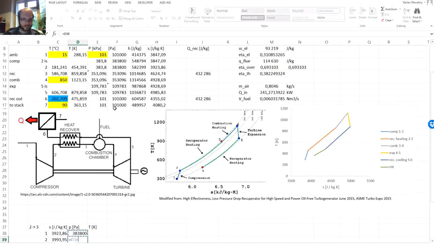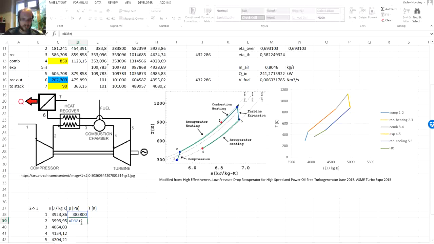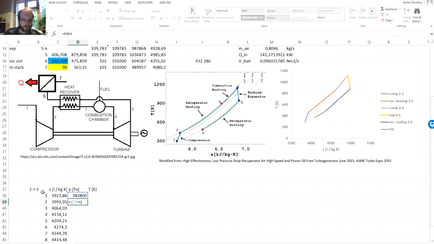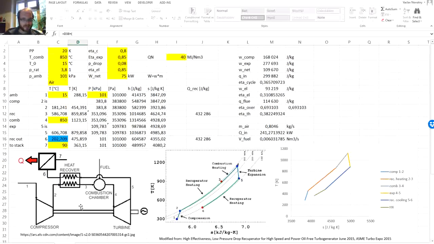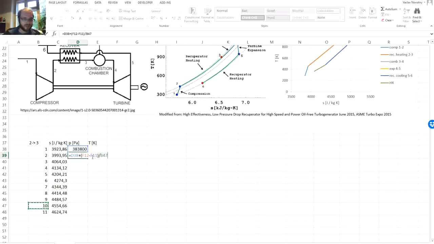The pressure in the next element would be the pressure at point 2 plus, when we assume that the distribution of the pressure loss is linear with respect to the change in entropy, the starting point plus the difference in the pressure at point 3 minus pressure at point 2 divided by the number of elements minus 1, 11 minus 1, which is here 10, and this change is always the same.